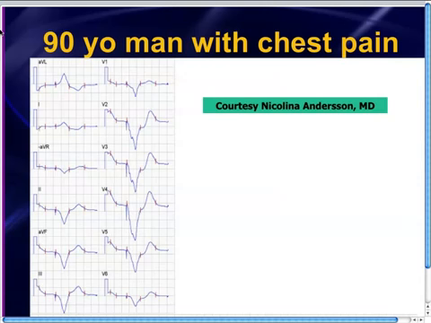Sarbossa's criteria only talked about ST depression in the same direction as the QRS if it was in V1, V2, or V3. Now, I would worry about these leads for sure, but based on V1, V2, V3, this patient meets Sarbossa's criteria, and I think you can make a very good argument to just go ahead and give this patient thrombolytics or send this patient to the cath lab. As I mentioned, this patient did in fact rule in for infarction.